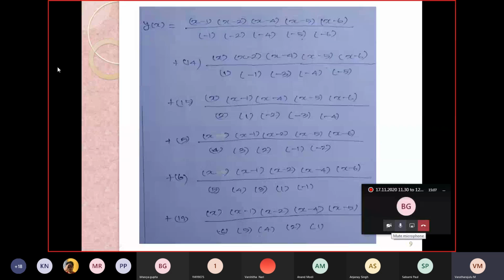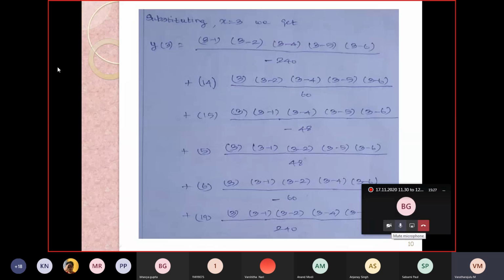We have denominators as -1, -2, -4, -5, and -6. Similarly, the rest are represented in the respective page. And the coefficient for the first term is 14, and similarly 15, 5, 6, and 19. And substituting the value of x, we can find the respective y value.